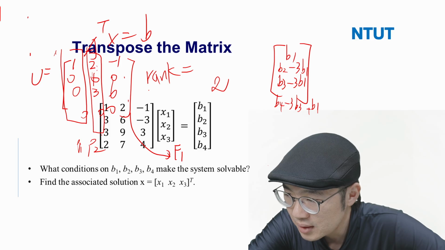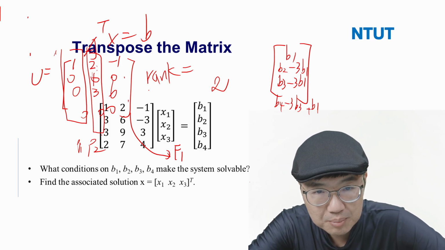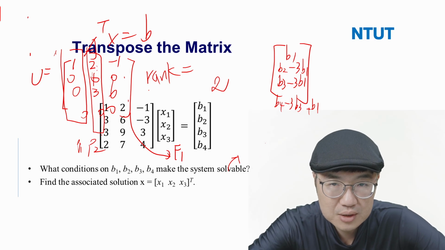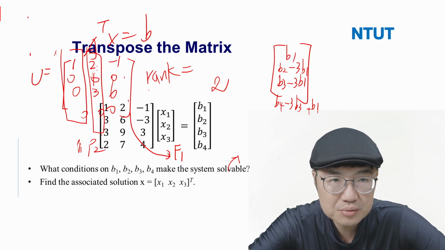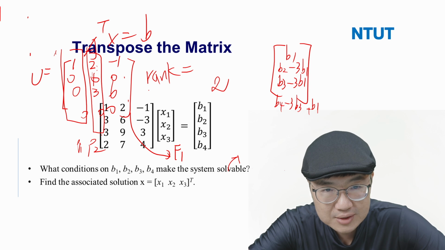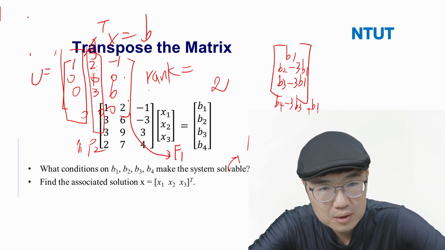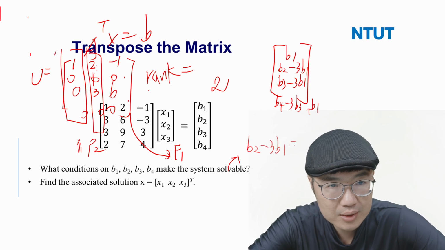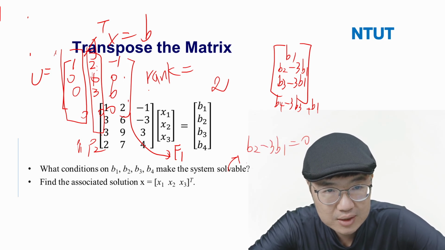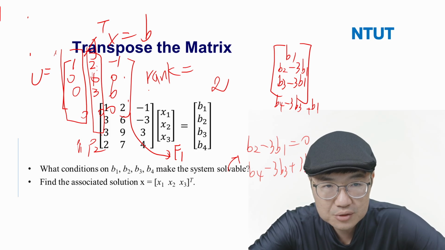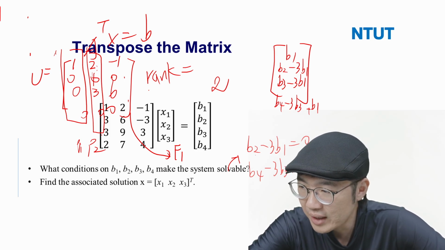So to make the system solvable, those 0 rows must be matched to 0 on the right hand side. So first of all, B2 minus 3B1 is 0. Secondly, B4 minus 3B3 plus B1 is also 0. So those are the conditions to have 0 on the right hand side.